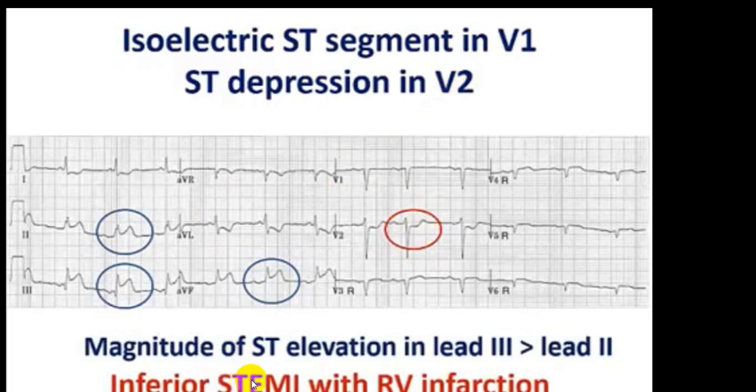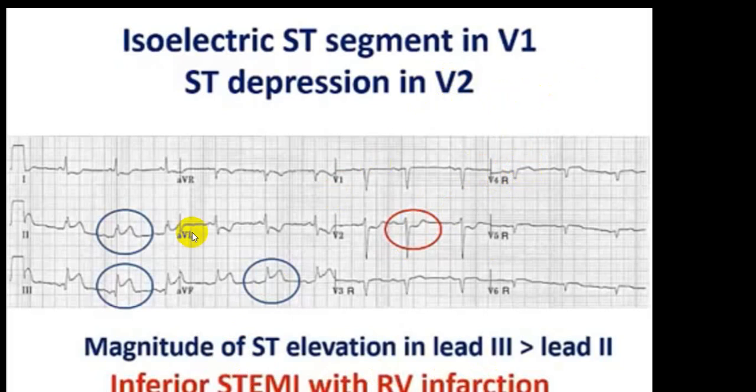So inferior STEMI with RV infarct. If you get V4R ST segment elevation, keep it in mind, it can be RVMI.